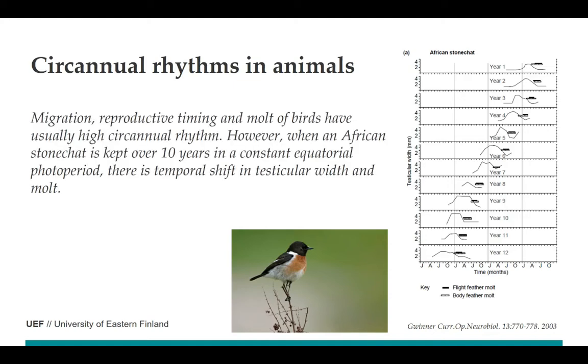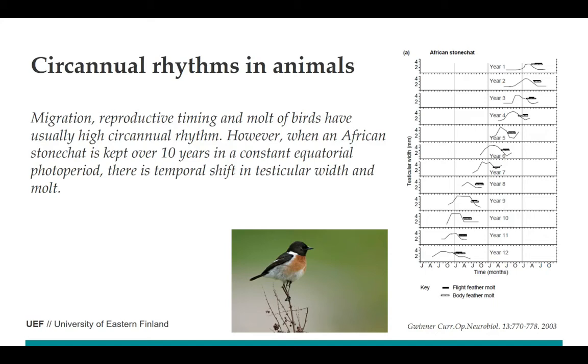In birds that are migrating or have short reproduction, they most probably have a very strong circadian rhythm, but it can also be found in the African stonechat that was kept 10 years in constant equatorial photoperiod.